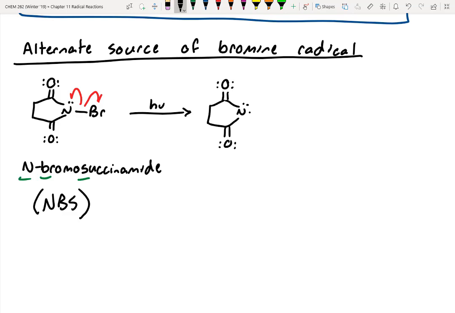So we get homolytic cleavage, which generates our bromine radical. The nice thing with this approach is we've generated bromine radical, but we don't have bromine in solution.